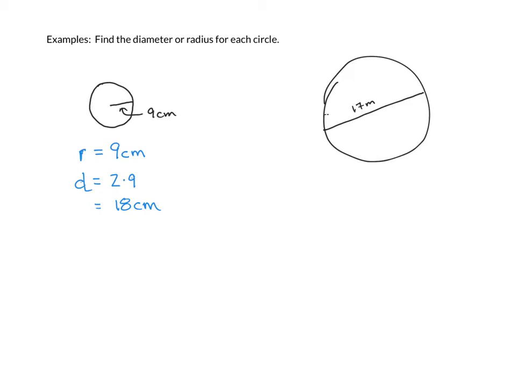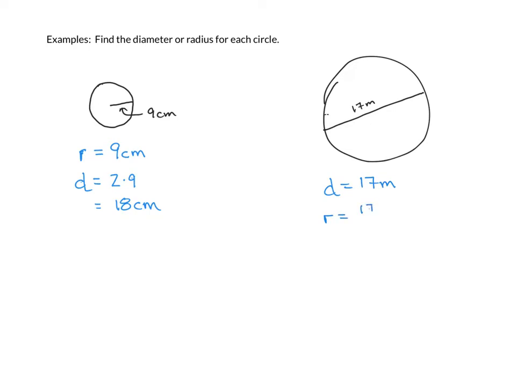In our second example, the line extends all the way across the circle. So this is a diameter. We have our diameter is equal to 17 meters. We want to find the radius.